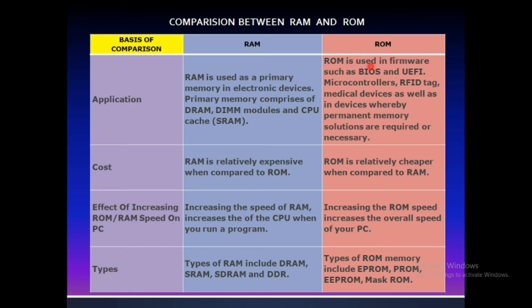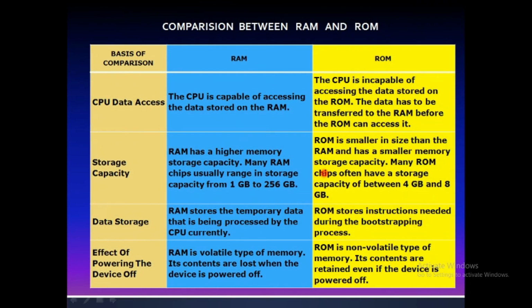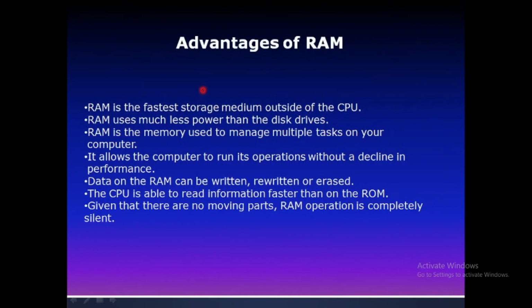Let us now go ahead with the advantages of both of these. Talking about the advantages of RAM, it is the fastest storage media outside of the CPU. RAM uses much less power than disk drives. RAM is the memory used to manage multiple tasks on your computer.